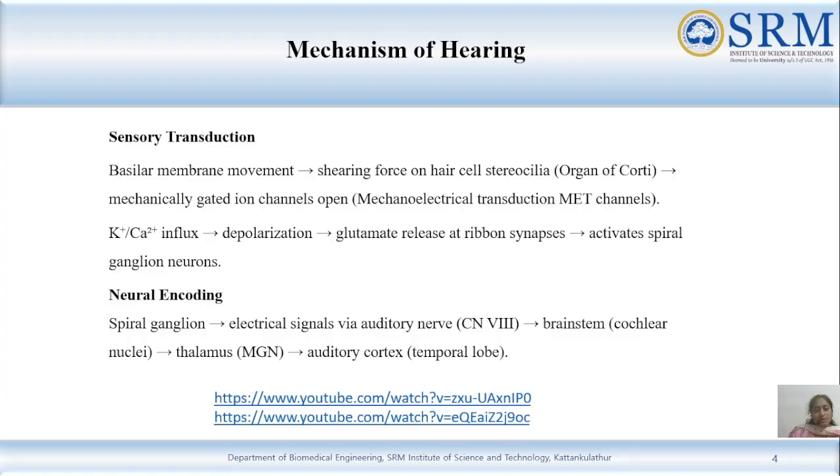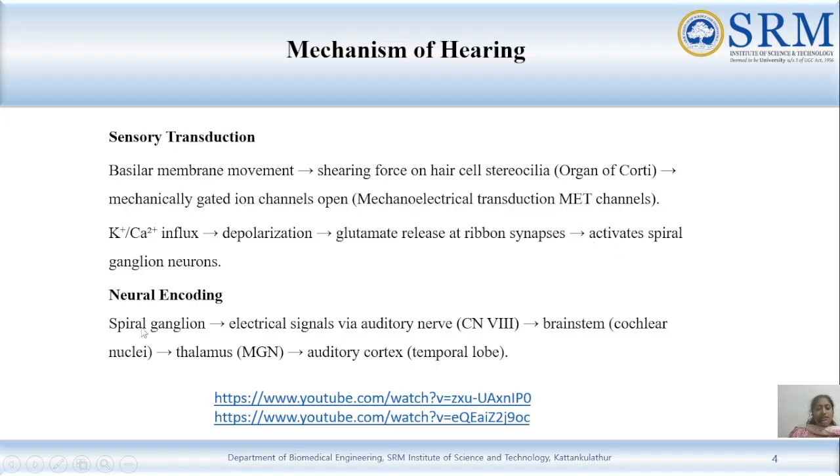So once these ion channels are open, there is an influx of potassium and calcium, which leads to the depolarization, and thereby glutamate release is observed at the ribbon synapses, which are found between the cells and the neural junction, and this will activate the spiral ganglion neurons.